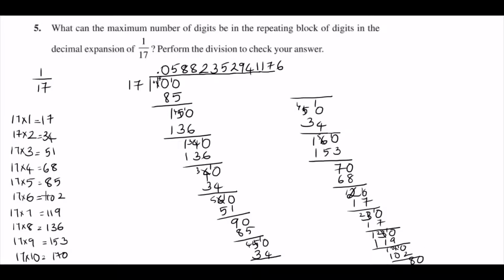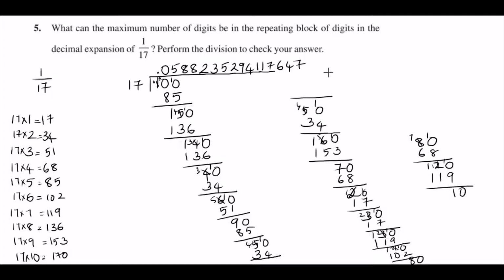In 80, 17 goes 4 times. That is 68. In 120, 17 goes 7 times. That is 119. So 120 minus 119 is 1, the remainder.